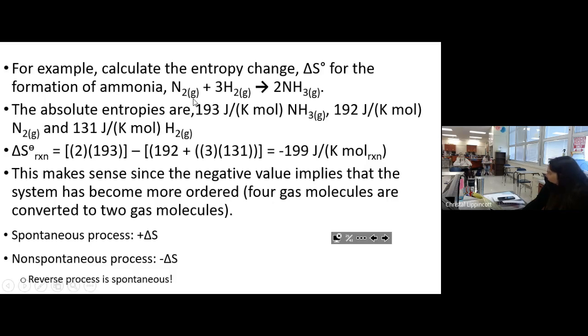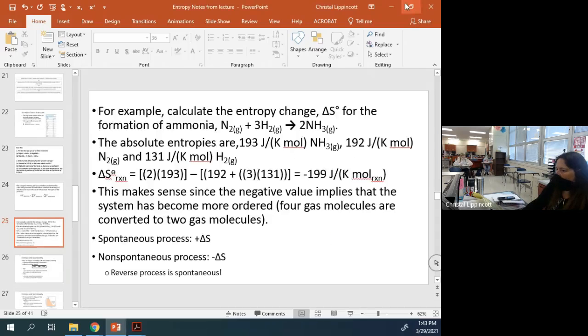There's one for the liquid and one for the gas, and I was using the value for the wrong one. So be very careful when you look on that chart, which I'll show you how to get to, because this is what we're going to be working on tomorrow. When you look on that chart, make sure you're looking at the right phase. Okay. So let me just show you.